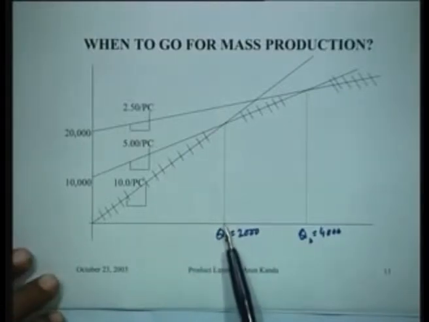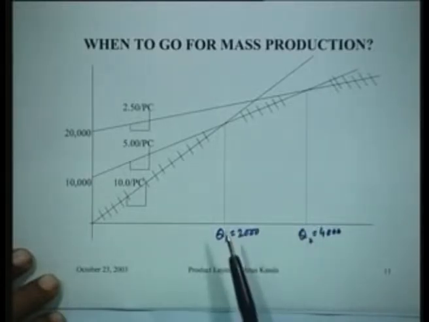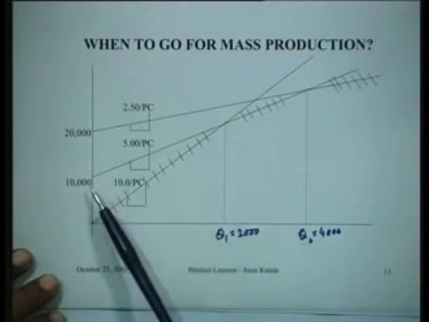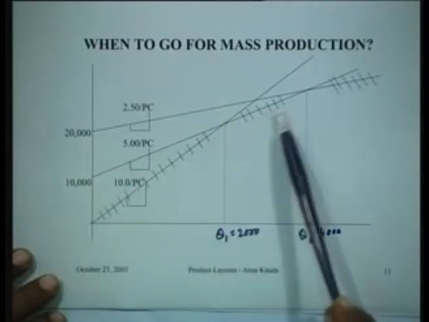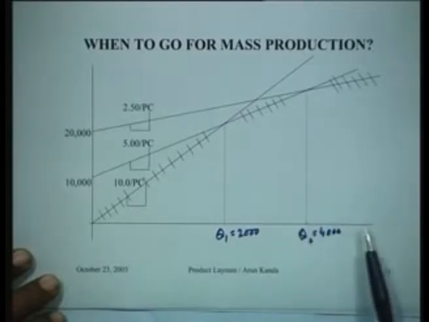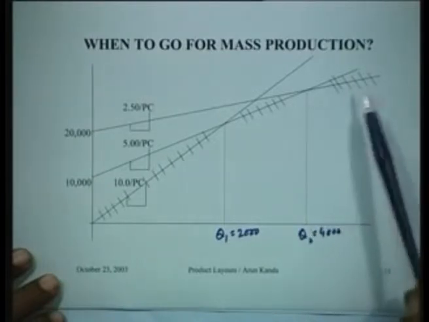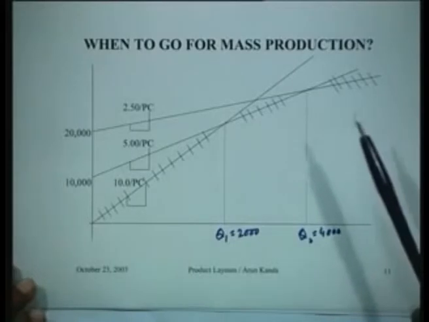If your demand happens to be in the range of 2000 to 4000, the best thing would be to go for this intermediate option, because it will be cheaper in this case. And it would be worthwhile to set up an assembly line only if your demand happens to exceed 4000.